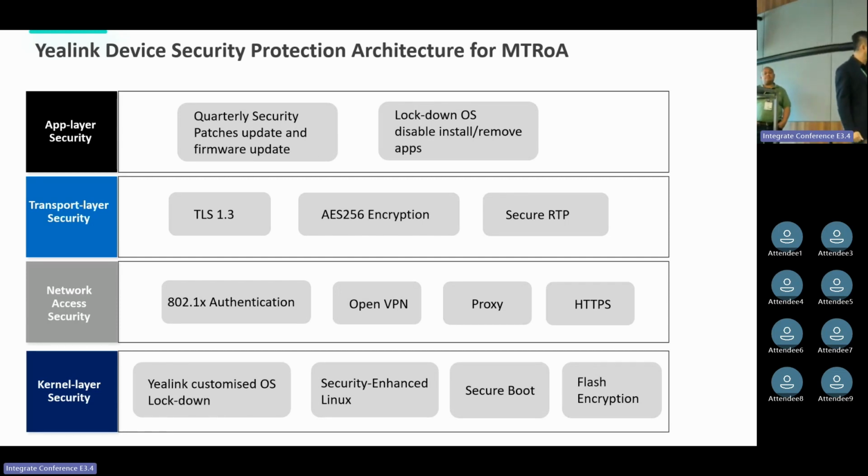Second, at the kernel level, hardware level, or driver level, we use Security-Enhanced Linux (SELinux) to ensure protection for the system, as well as secure boot and flash. At the driver level, there is flash encryption and file system encryption, from the OS and hardware up to network access security.